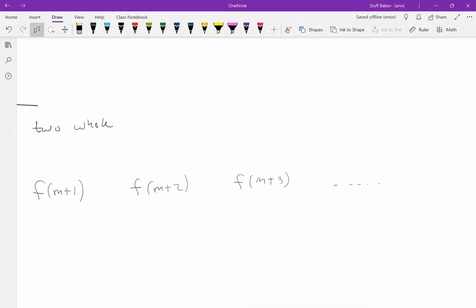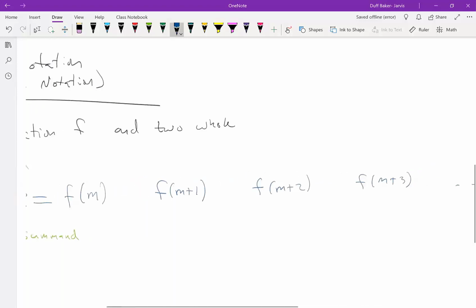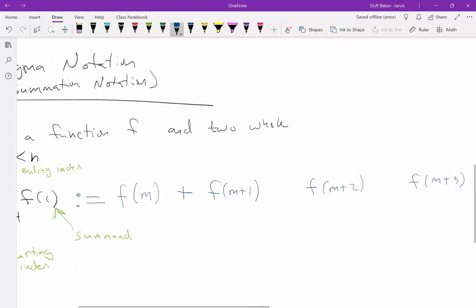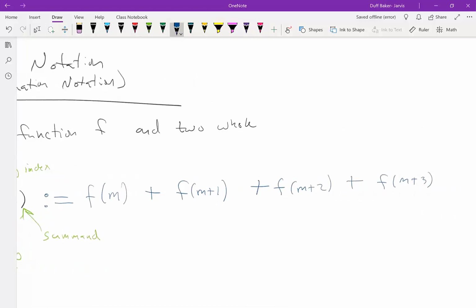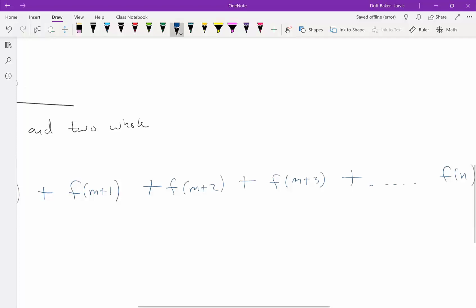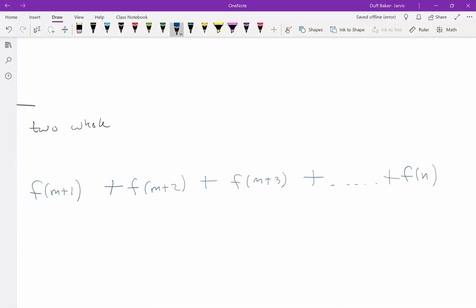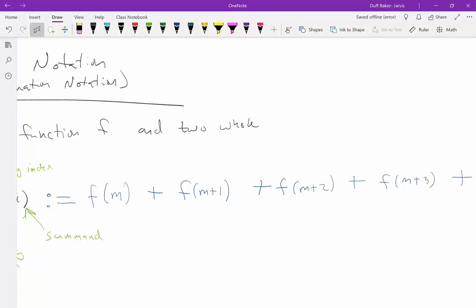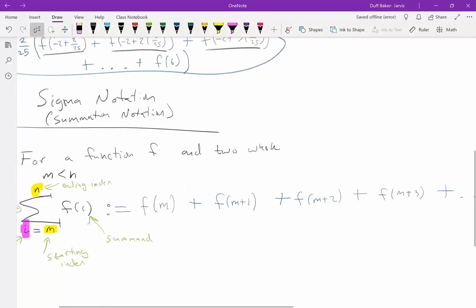And so you would go up until you hit f of n. Keep going up by ones, always by ones, until you get to the top number, n. And then you add all these. That's why we call it summation notation: you have all these numbers that follow patterns, and this is a compact way to add them all up. So let's see.